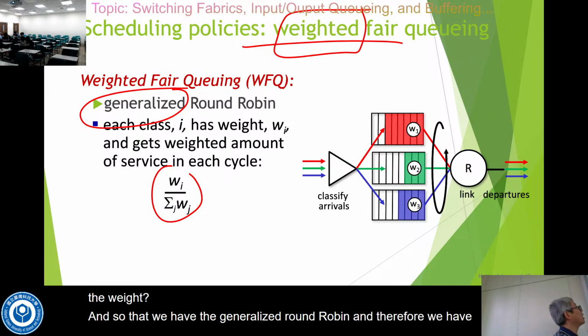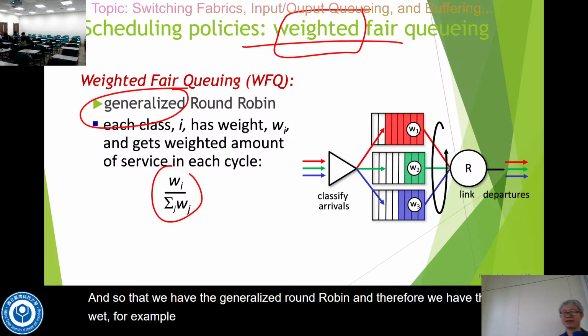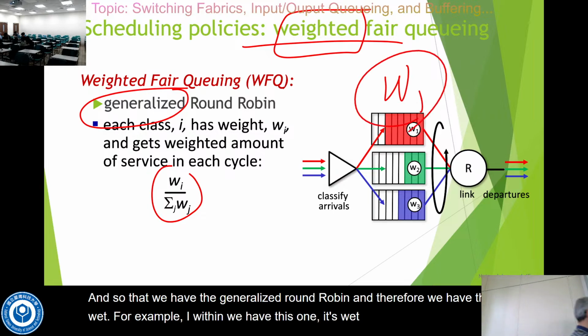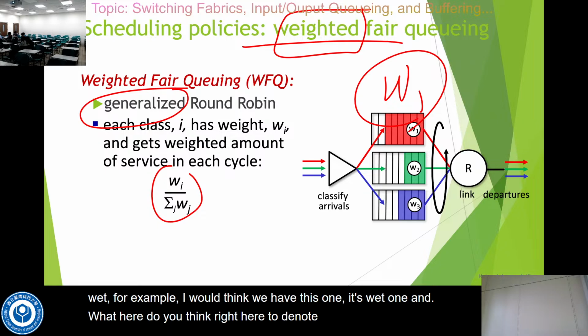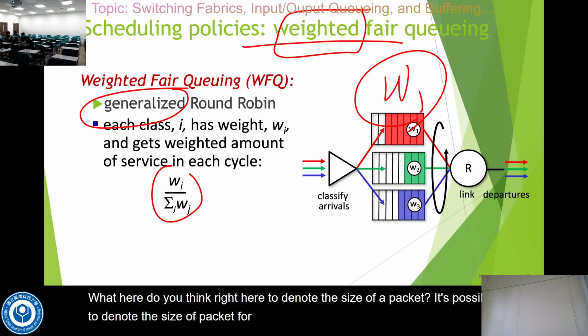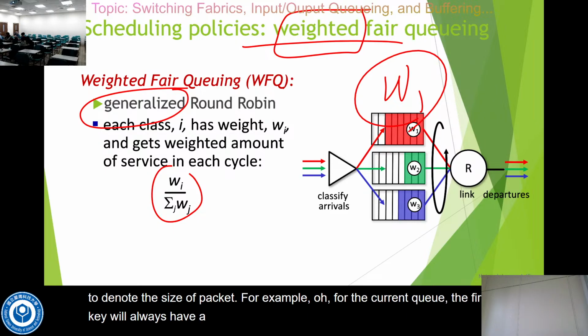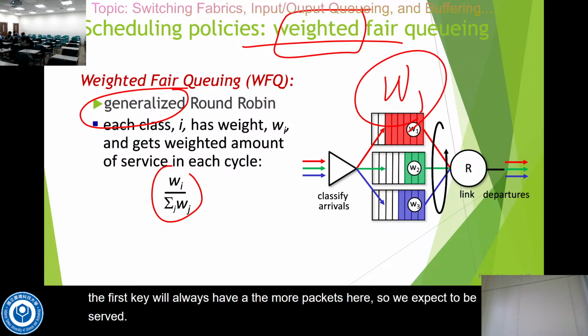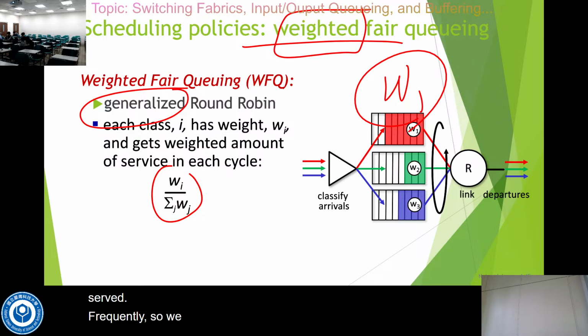For example, we think this one is weight 1. Do you think weight here denotes the size of a packet? It's possible. For example, the first queue will always have more packets, so we expect it to be served frequently, so we can have its weight larger than the weights of the other queues.